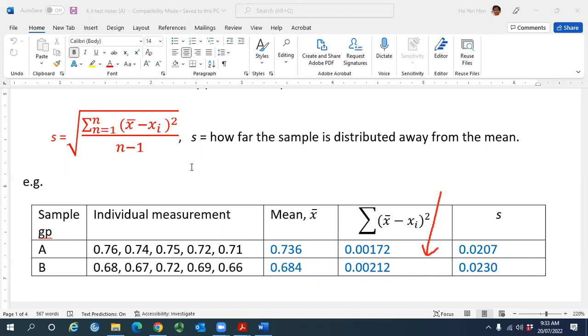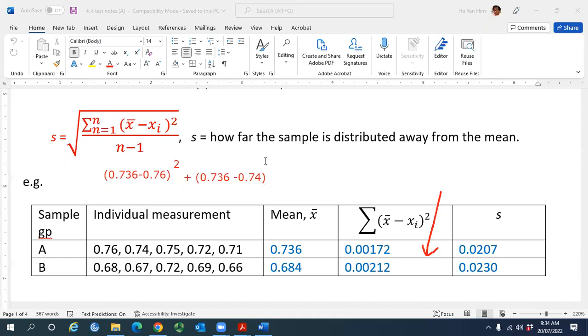So the mean is 0.736. Start from here. So this is the mean, minus the first reading, which is 0.76. Square it, then plus 0.736 minus the second reading, 0.74.